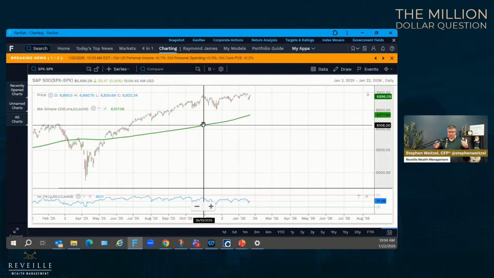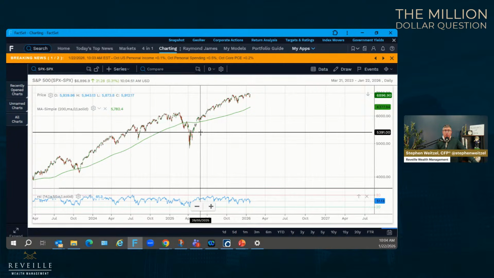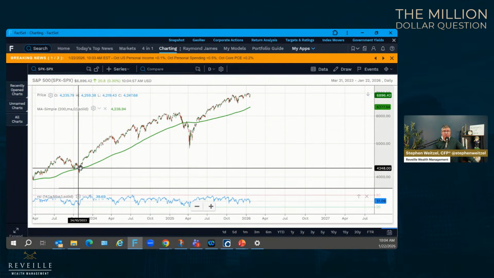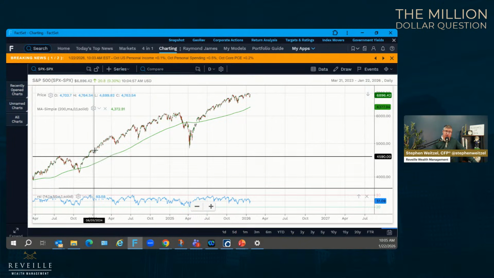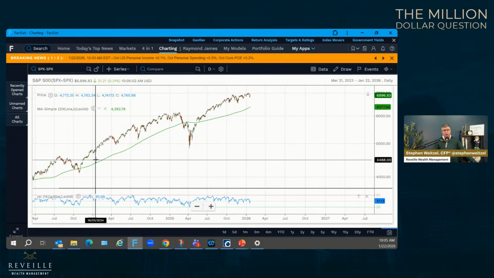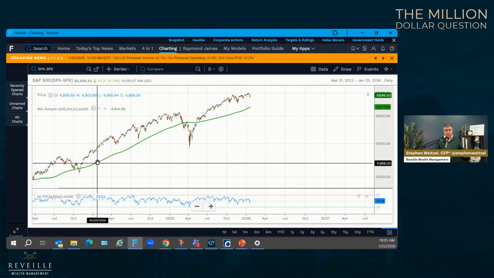So the first thing we want to focus on in technical analysis is simply identifying a trend in price. What's the direction of the market? And so as long as prices are above a 200-day moving average, in this particular case, we could reasonably suggest that this asset class that we're looking at, the S&P 500, is in an uptrend, right?